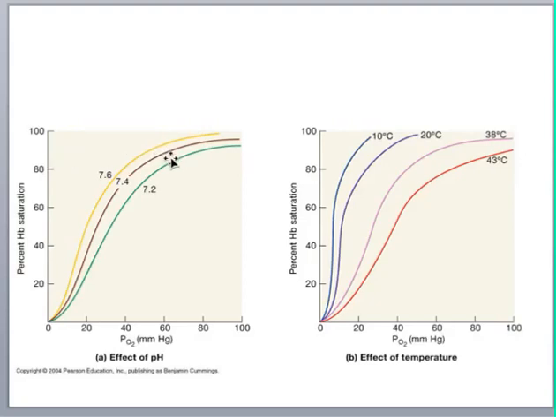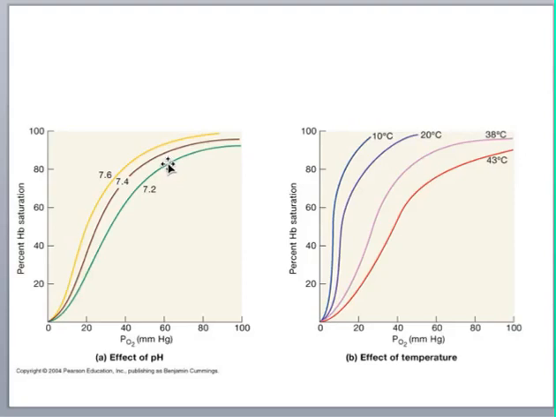But if we change the pH at 60, we can see that the hemoglobin saturation is lower on the green line where we have active metabolism. And that lower saturation means that hemoglobin will give up oxygen more easily.